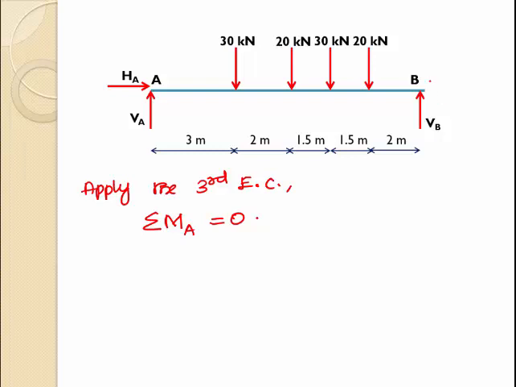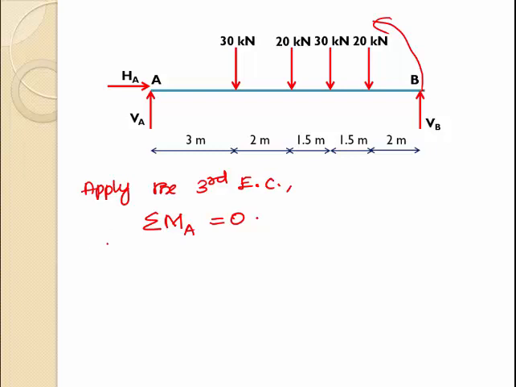So first I am considering the force acting at point B, that is support reaction VB. The sign convention for calculating bending moment: for anti-clockwise rotation, the sign for bending moment is positive, and for clockwise rotation of forces about the considered point, the sign is minus. About point A, the support reaction VB is providing bending moment in the anti-clockwise direction.